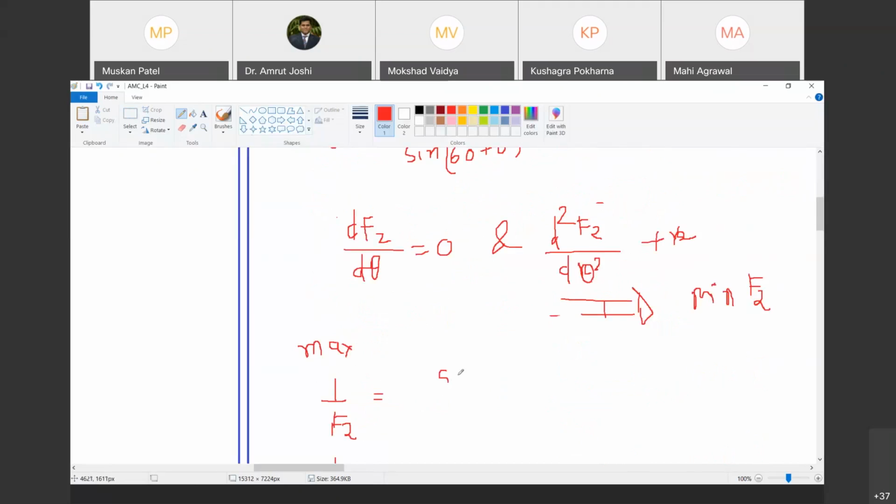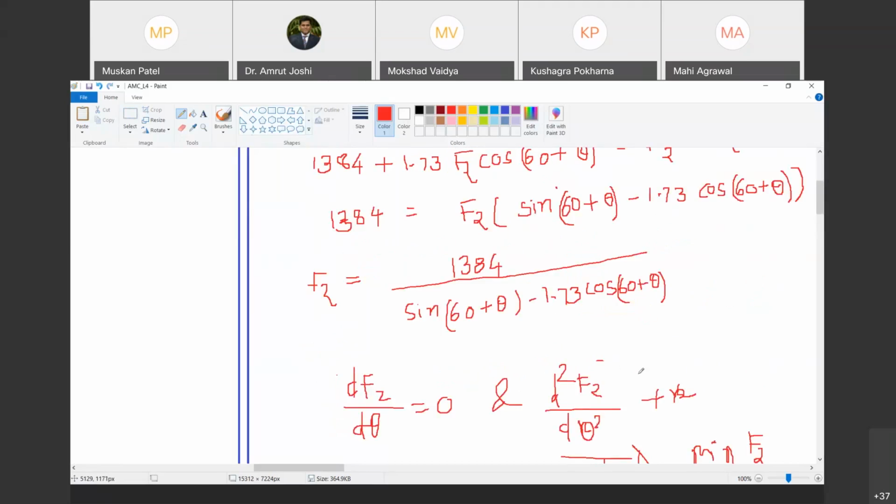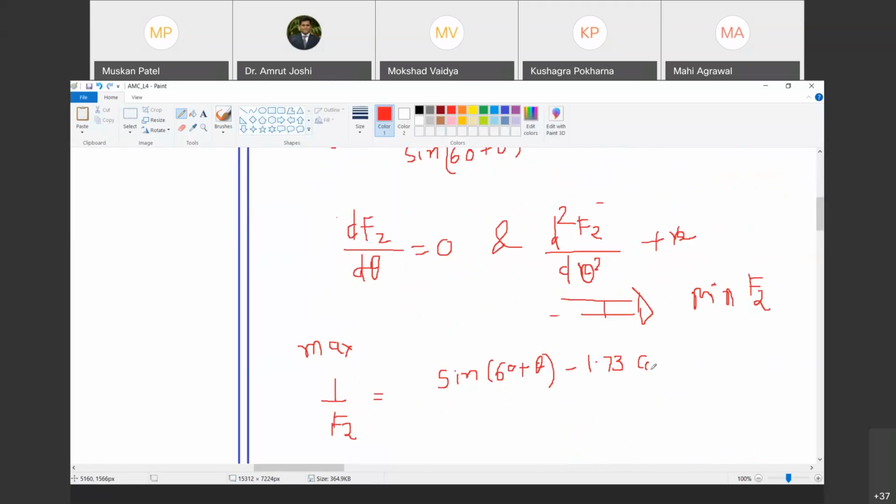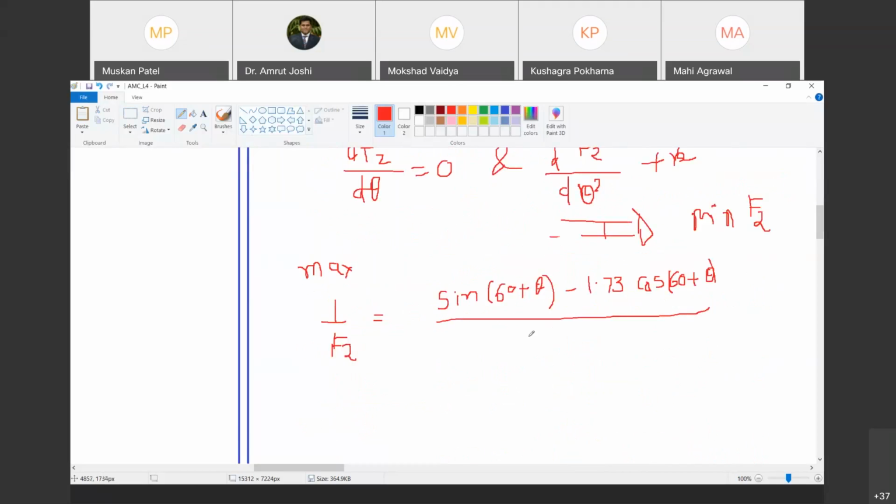So what will come? Sin 60 plus theta minus 1.73 cos of 60 plus theta, divided by 1384. Are you with me? Yes, sir.